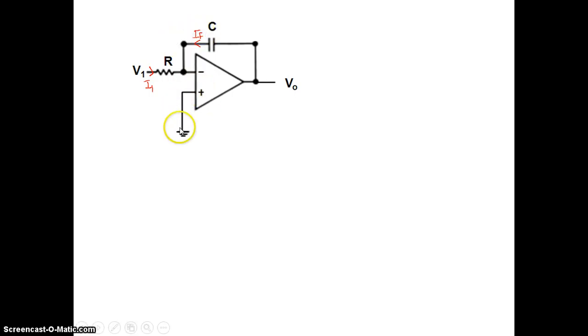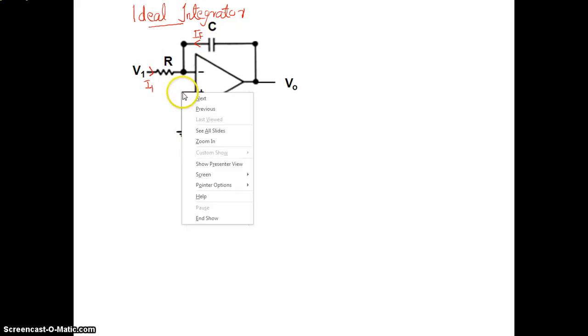See, the positive terminal of this integrator is grounded, so it is in inverting configuration. Now we are deriving the output expression for an ideal integrator circuit. The voltage at the non-inverting terminal is grounded, so the voltage at this point is equal to 0.